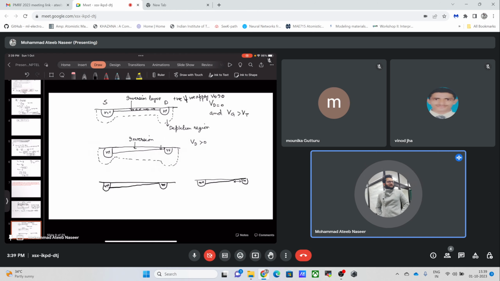So the carriers which come to this point will be easily sucked by this field into this drain region. So this is the post pinch off condition, and this is the pinch off condition.